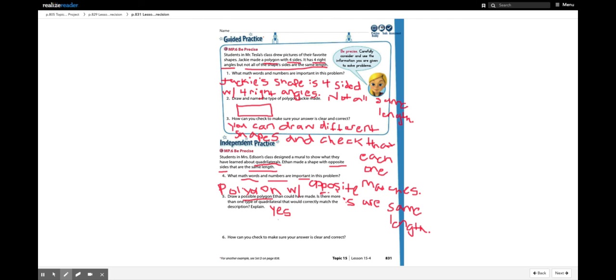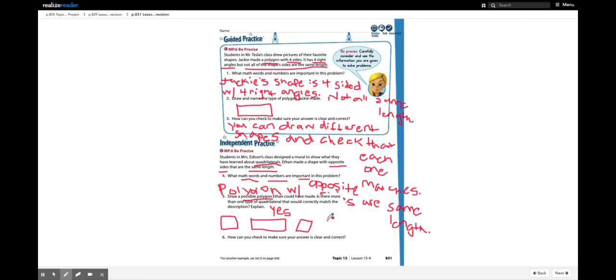So if you were saying that a square could be another polygon, you're right. If you're thinking a rectangle would work, you're right. Or a rhombus could work.